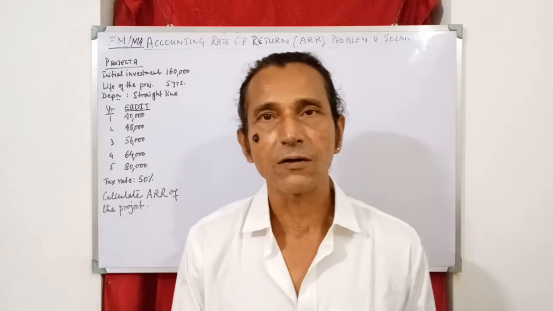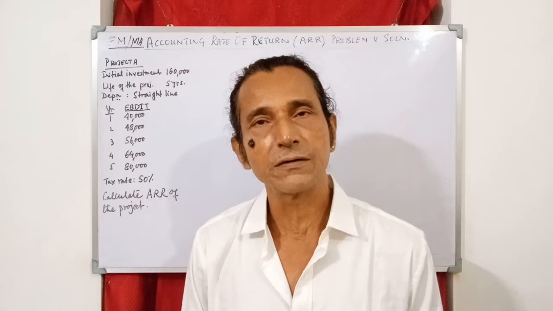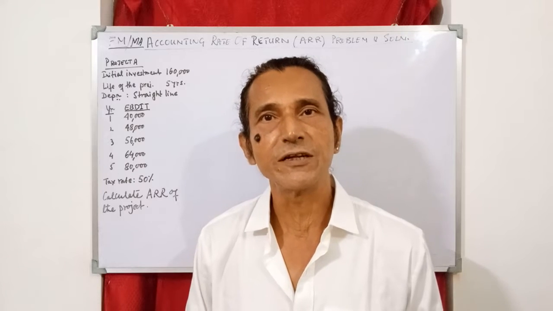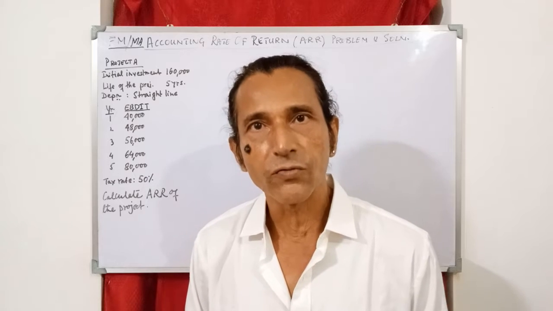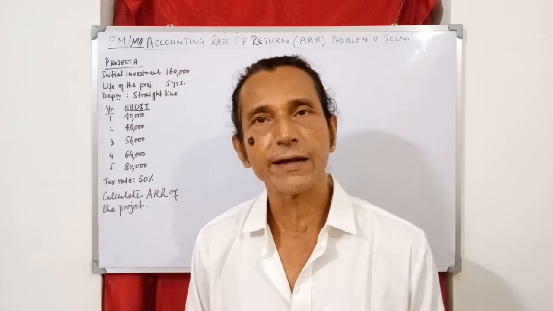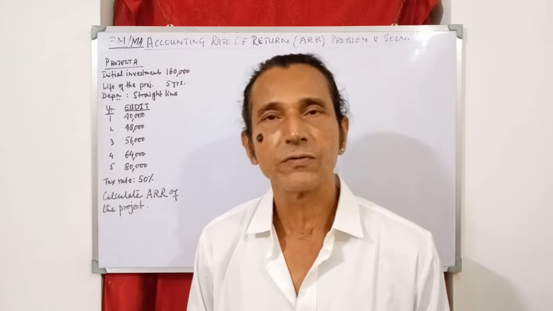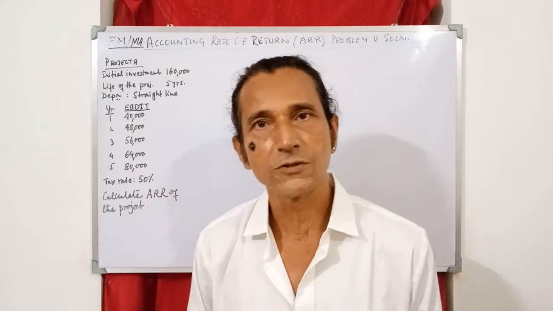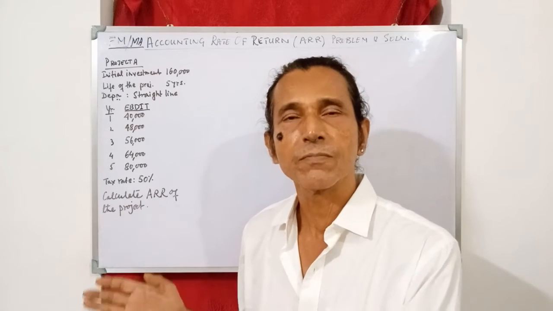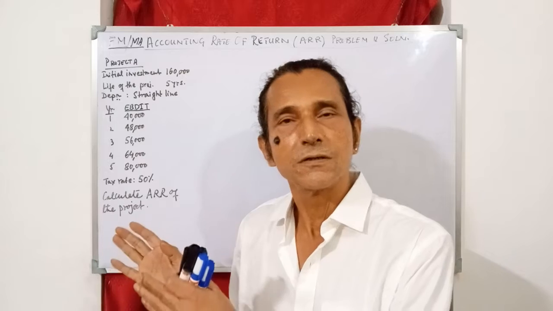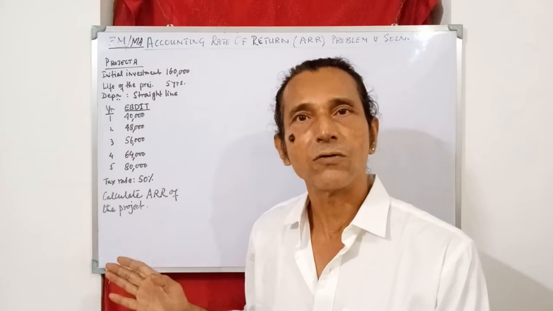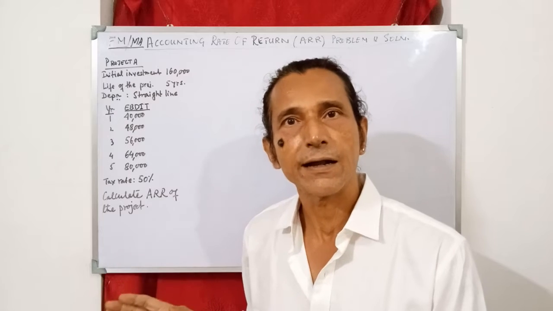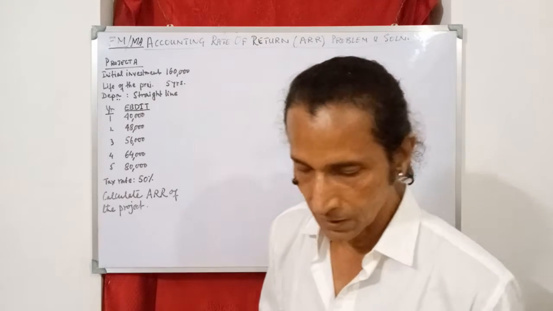The theoretical part of accounting rate of return, that is the applicability, advantages and limitations of accounting rate of return or ARR, will be taken care of in another video. So this video is confined on solving a numerical problem on accounting rate of return or ARR of capital budgeting.